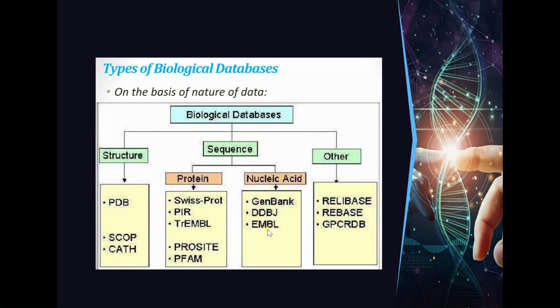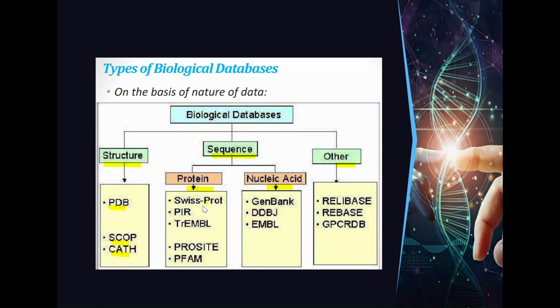On the basis of the nature of data, they are classified into three main types: biological databases on the basis of structure, sequence, and other. Based on the structure of the biological data, we have PDB, SCOP, and CATH. On the basis of sequences, depending on whether it's a protein sequence or a nucleic acid sequence, we have divided them further into two groups.